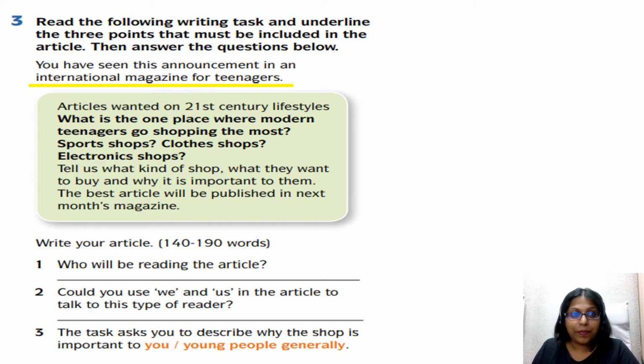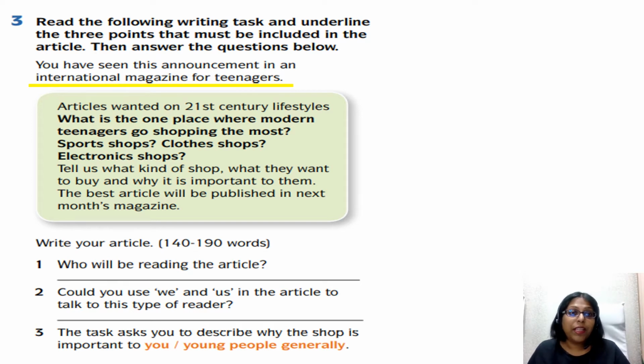Alright, so let's look at this. Read the following writing task and underline 3 points that must be included in the article. Then answer the questions below. You have seen this announcement in an international magazine for teenagers.